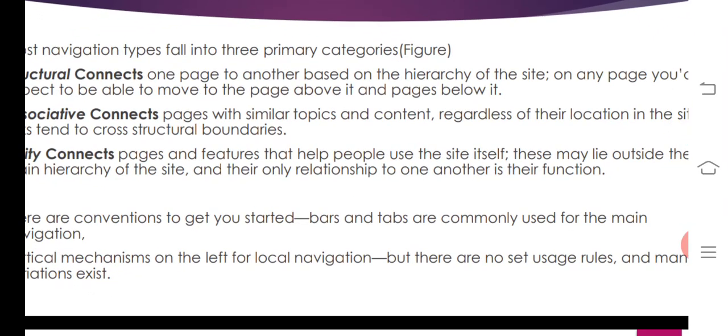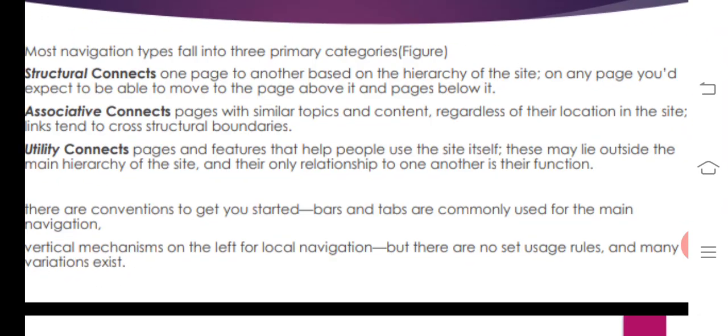In structural connects, you go from one page to another based on the hierarchy of the site. On any page you expect to be able to move to the page above and the page below it.